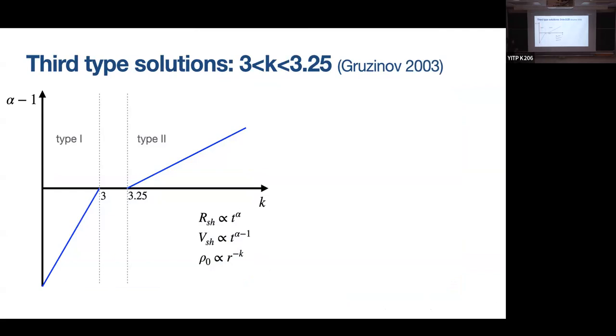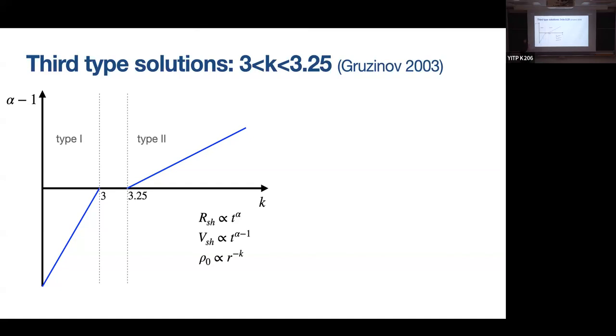Andre looked at the solution for the similarity exponent. Now I'm plotting alpha - 1, which is the scaling of the shock velocity, shock radius. And what he said was this: okay, so at k equal to 3, I see that the shock moves at constant velocity. It's not accelerating, not decelerating. And on the other side of the solution gap, it also moves at a constant velocity.